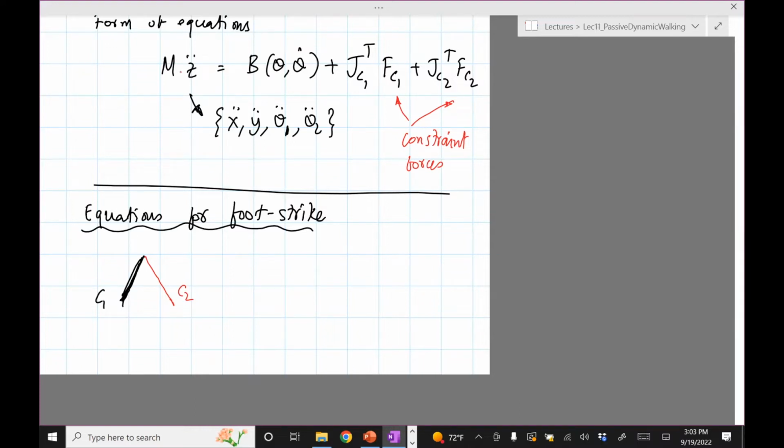At foot strike, C2 becomes the leg in front. C1 is the trailing leg in the rear.